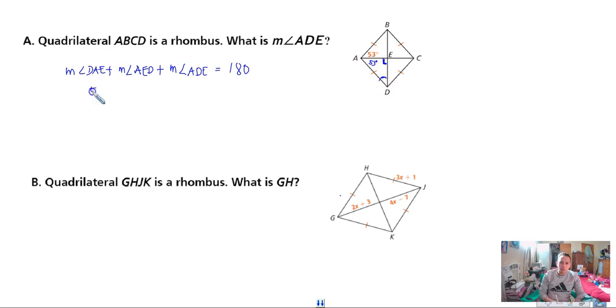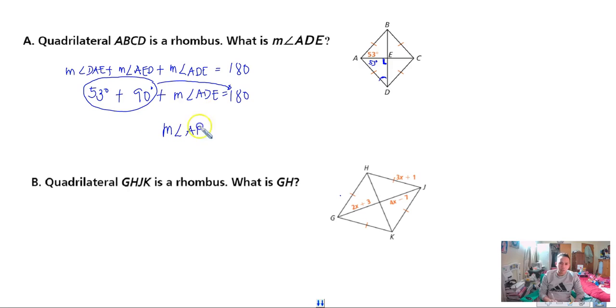DAE is 53 degrees, plus AED is 90 degrees. Therefore, if you transpose this, the measurement of ADE is equal to 37 degrees. So if you add 53 plus 90 plus 37, it will give you 180 degrees.